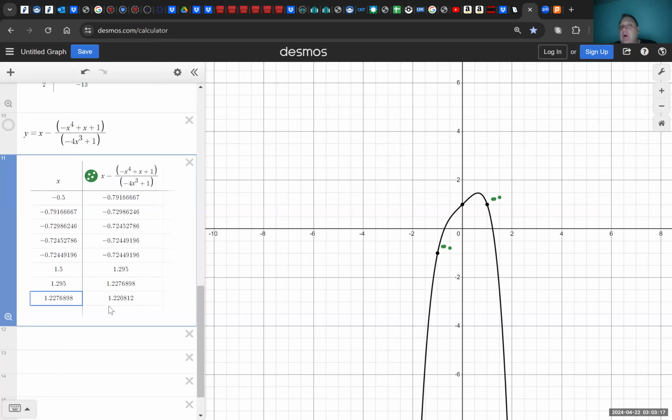So this is more in line with the way the book shows it, where you just use one big formula and you plug stuff in and you keep getting better and better estimates. Nonetheless, with the left-hand solution, negative 0.724499196 would be my very accurate solution to seven decimal places of accuracy.